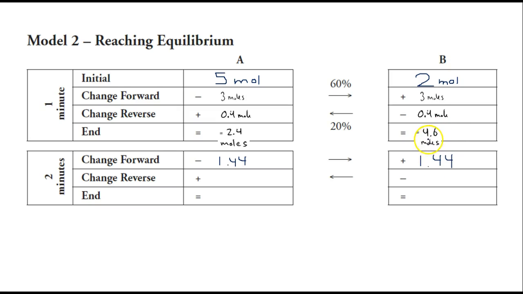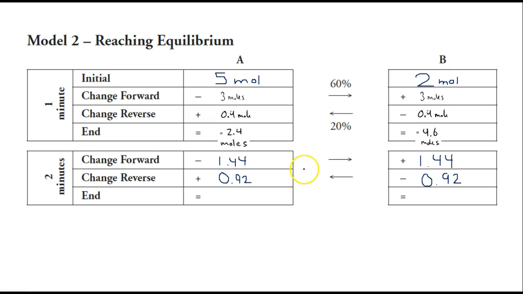After the first minute, we had 4.6 moles of B. The same 20% of that is going to react. So find 20% of 4.6. That is 0.92. I'm going to round each of these to 2 decimals the whole way down just to be consistent. We're going to lose 0.92 moles of B. That also means we're going to gain the same 0.92 moles of A.